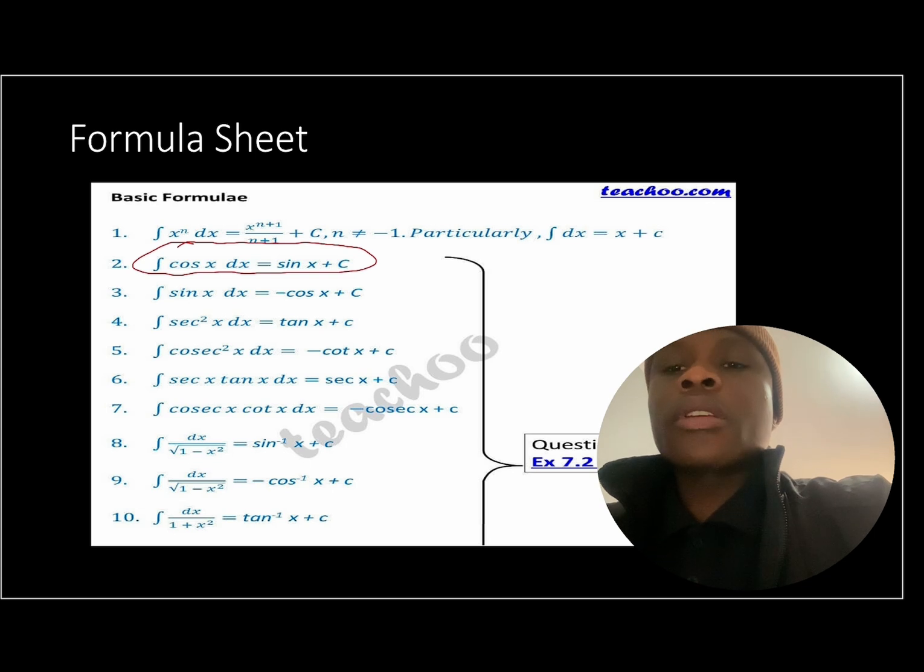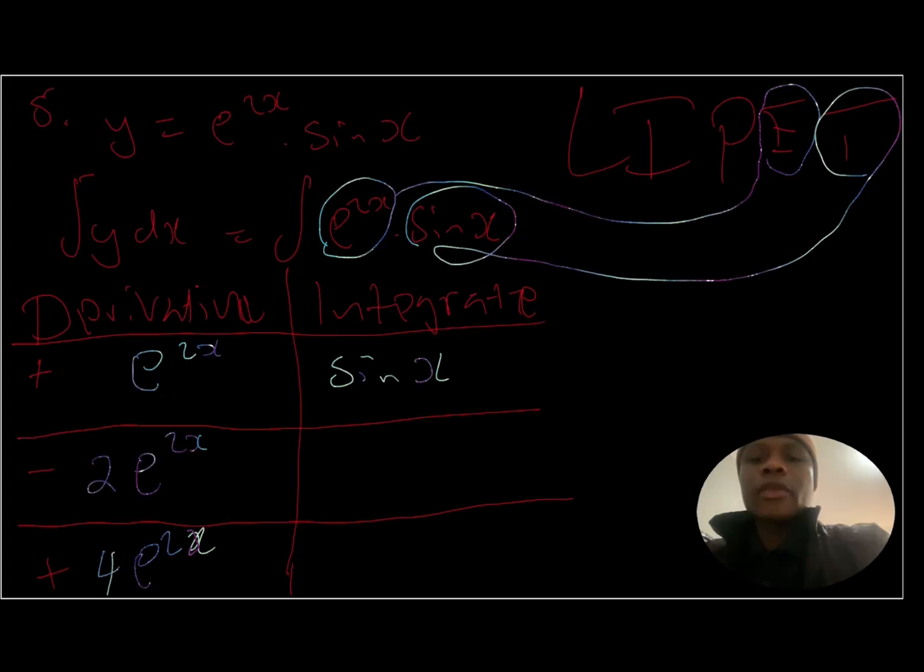The integral of sin x is negative cos x. Then the integral of cos x will be positive sin x. Therefore, we cross multiply. Remember, we cross multiply.